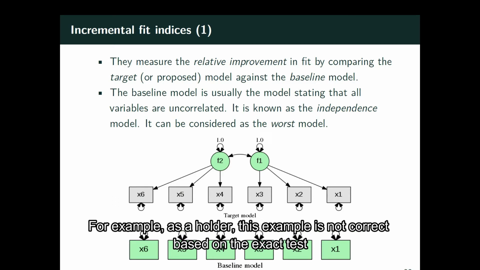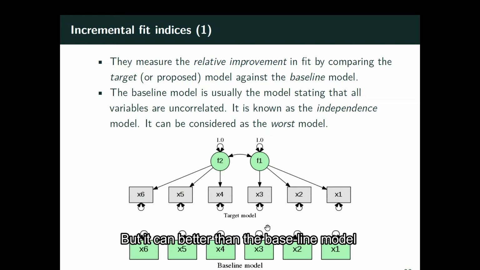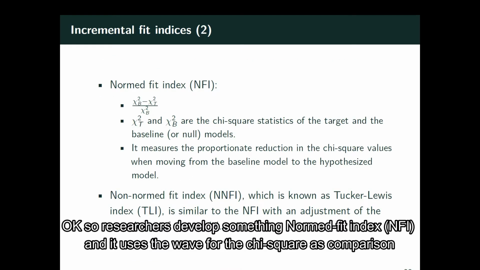For example, as a whole, this model is not correct based on the exact test, but it can be better than the baseline model. Okay. So researchers developed something like the normed fit index, NFI, and it uses the baseline chi-square as the comparison. Okay.